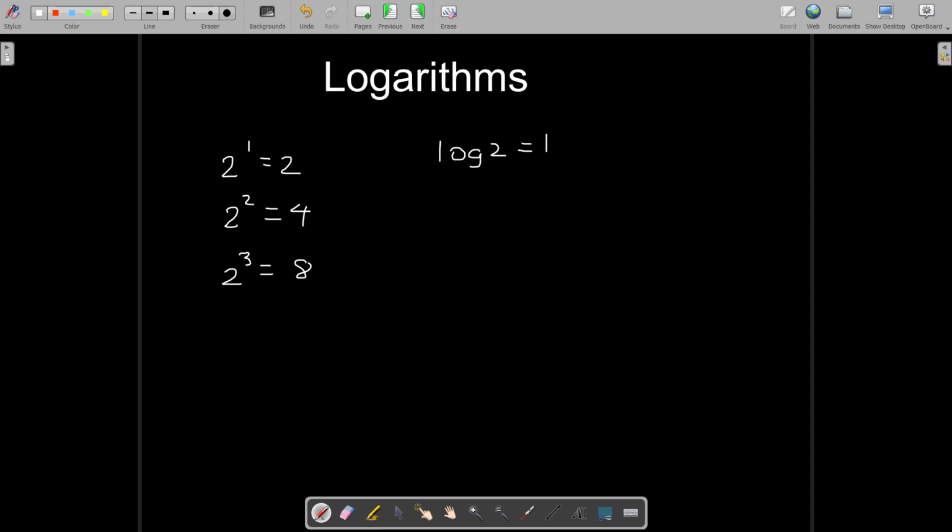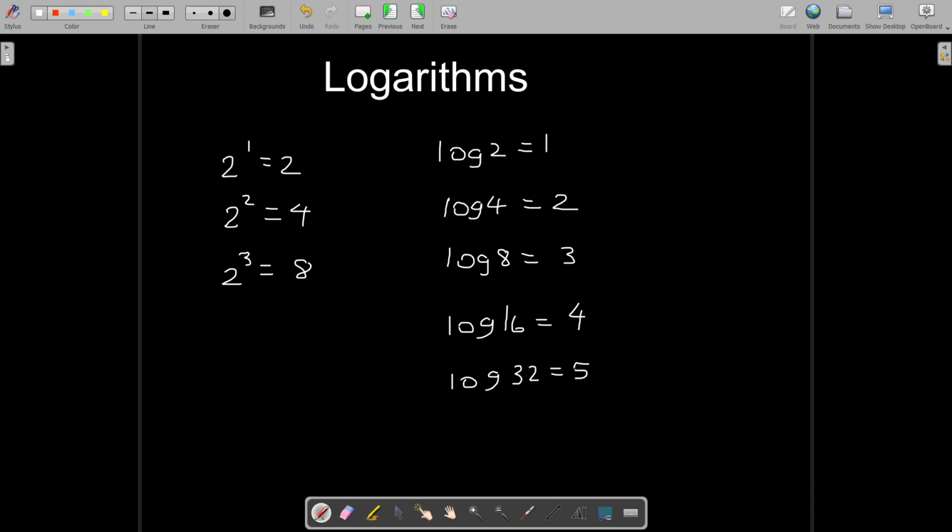Log 4 is equal to 2, since 2 square is equal to 4. 2 cube is equal to 8, so log 8 is equal to 3. Similarly, log 16 is equal to 4 and log 32 is equal to 5.